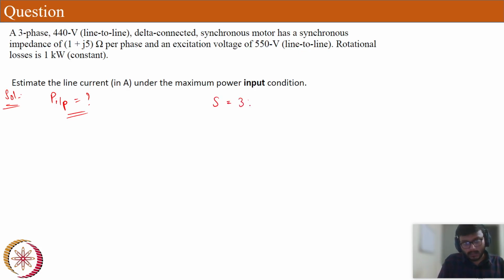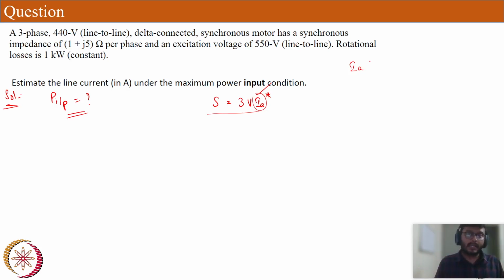S is equal to 3 V IA star, that is 3 V phase I phase. In order to calculate this, we need the phase current IA star. To get IA star, we need to calculate IA first.